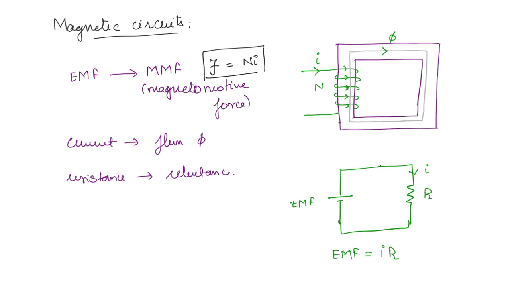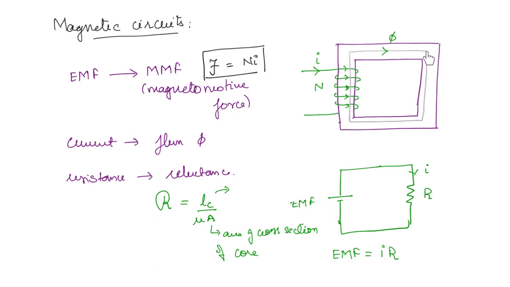Now what will be the reluctance here? You can derive this, but we are not going into the derivation. I will directly write the expression. R is equal to Lc by mu times A. Lc is the mean path length, and A is the area of cross section of the core. The more accurate way is the area of cross section through which the flux is flowing, the flux path.